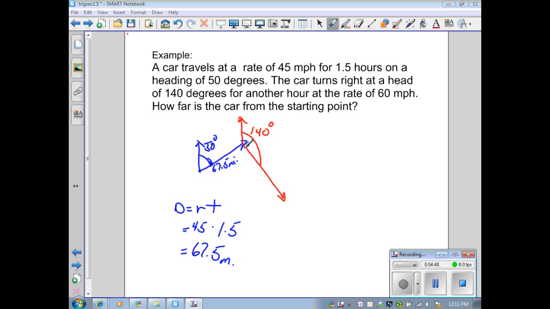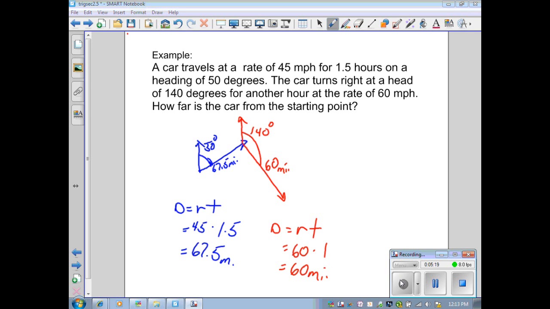Now I can find the distance from the ending point to this ending point by knowing the other given information in the problem, which is 1 hour at 60 miles per hour. So distance equals rate times time. My rate is 60 miles per hour for 1 hour, which gives me 60 miles.